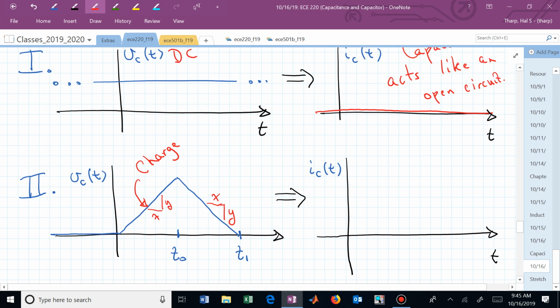Maybe the slopes aren't drawn accurately, but I'm going to assume I slope up the same as I slope down. I go up y when I go over x, and I go down y when I go over x on the discharge. What's the current look like under this scenario?